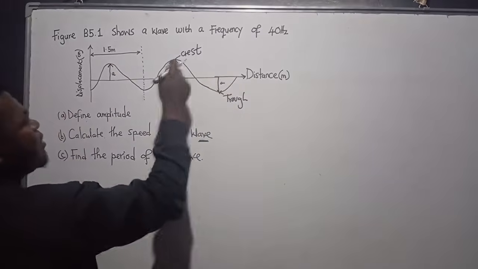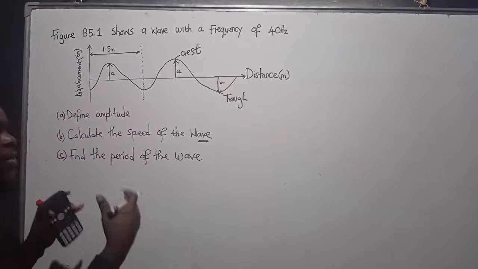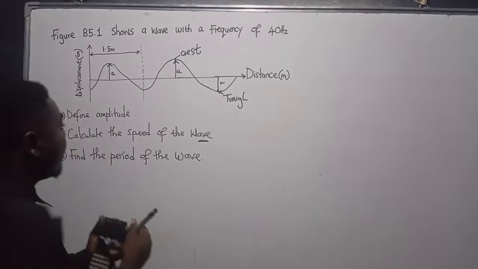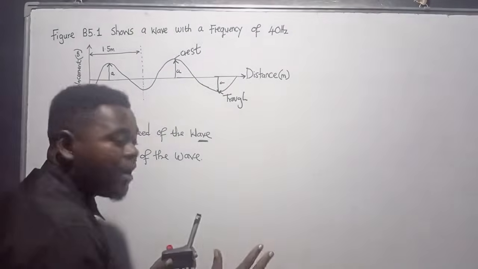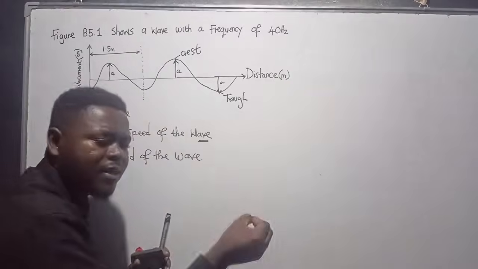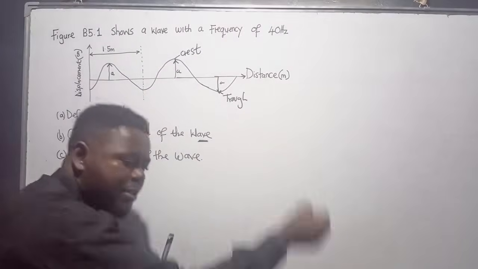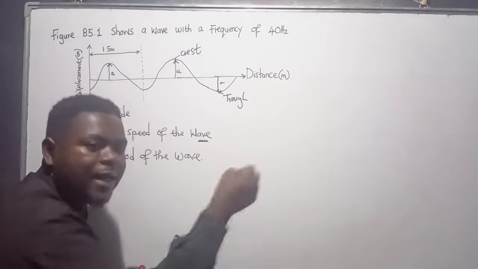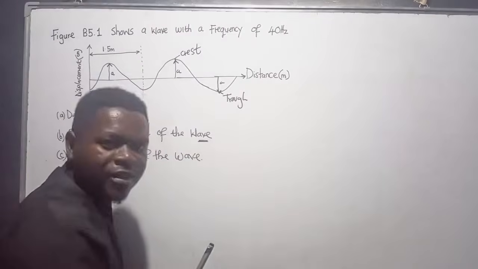Amplitude. So this one, this one, this one, they are just the same. I guess you've gotten the definition here. What are we saying? Maximum displacement of a particle from its resting position.